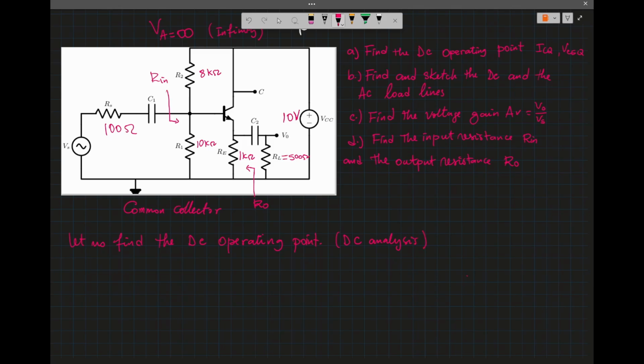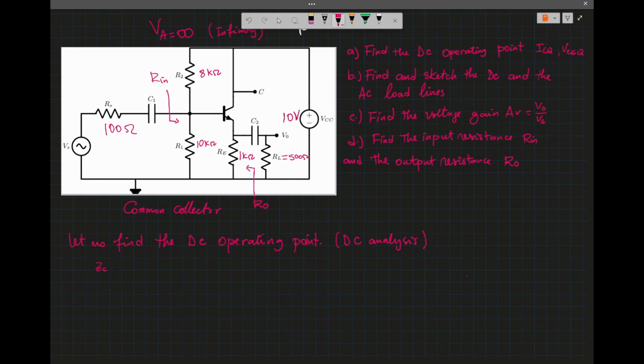So for DC, we are going to remove the AC sources, and the coupling capacitors C1 and C2 are going to be open at DC, right?